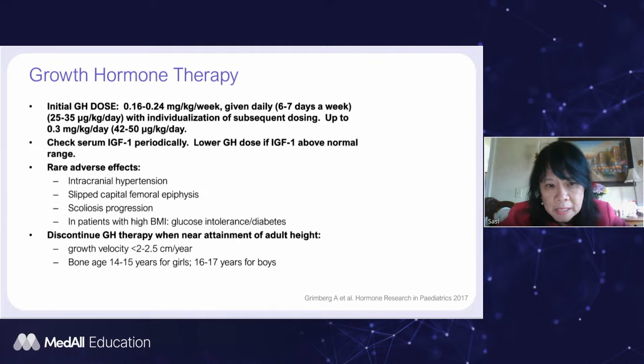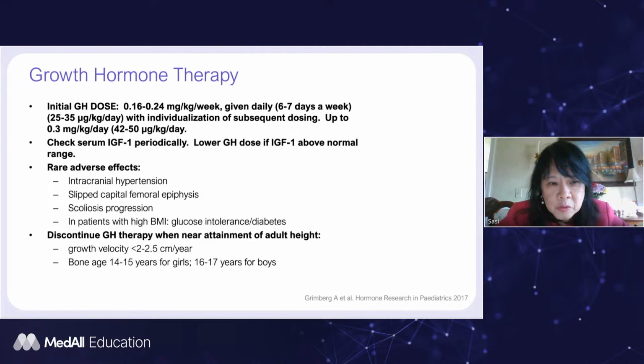And then patients with high BMI, we need to check to see if they develop glucose intolerance, hyperglycemia, or even diabetes. But most of the time I found that there's a very low chance of impaired glucose tolerance in a lean, not overweight child.